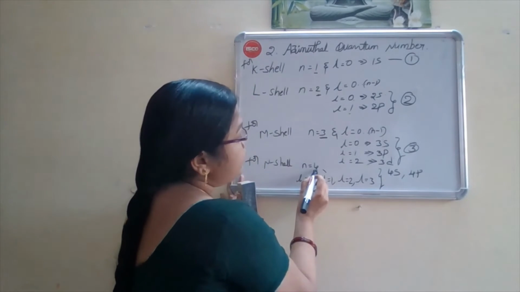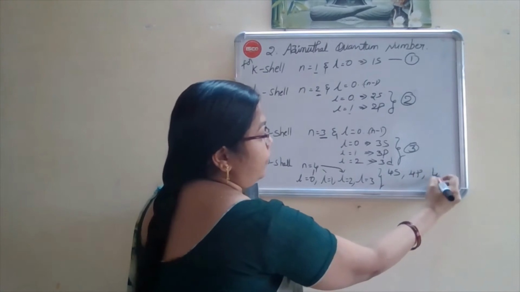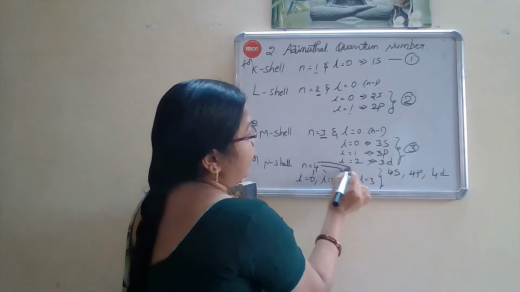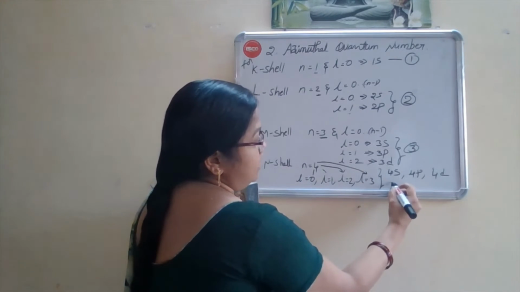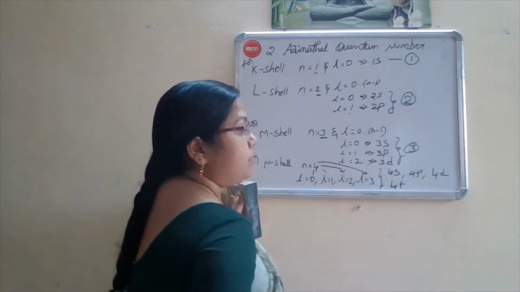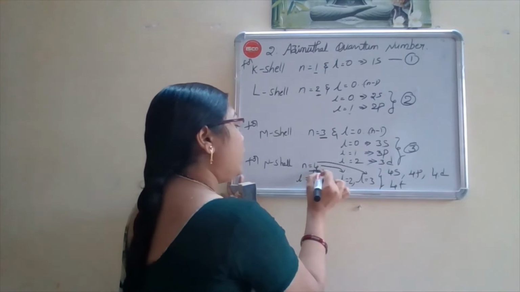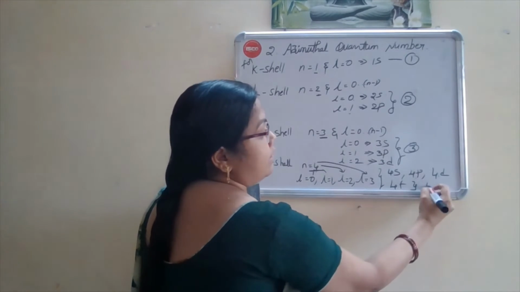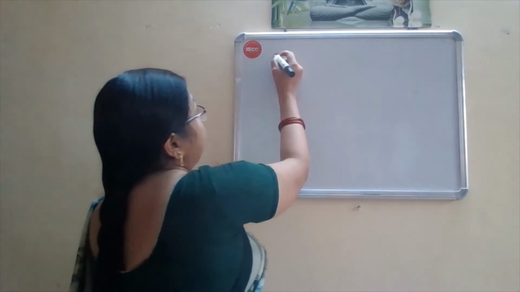If l equals 2, 4d. And if n equals 4 and l equals 3, the resulting subshell is 4f. The total number of subshells equals its principal quantum number, so the total is 4. Is that clear?